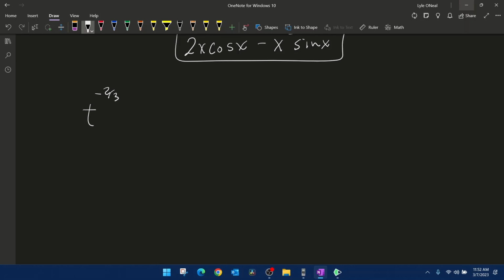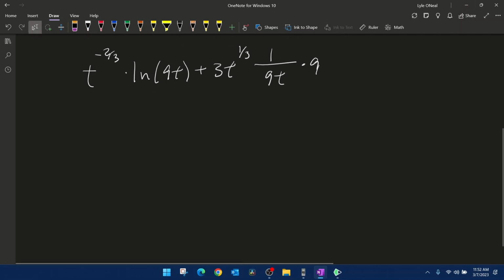What was it again? T to the negative 2/3 natural log of 9t plus 3t times 1 over 9t. There just wasn't enough room on the test for me to show all the work I need to simplify. So we're bringing this over to the scratch work, okay?